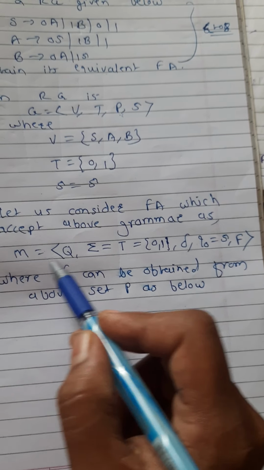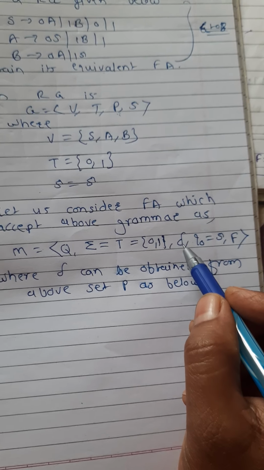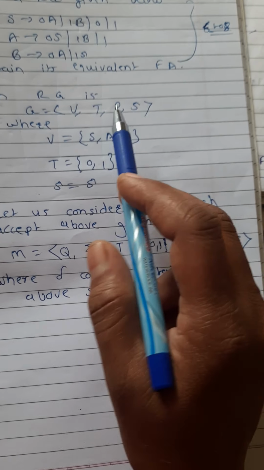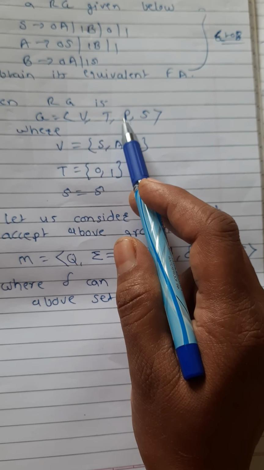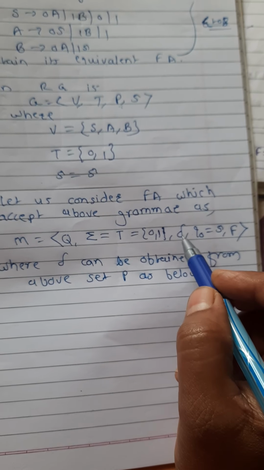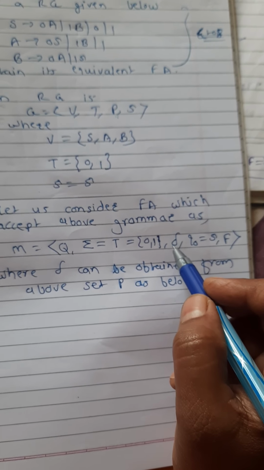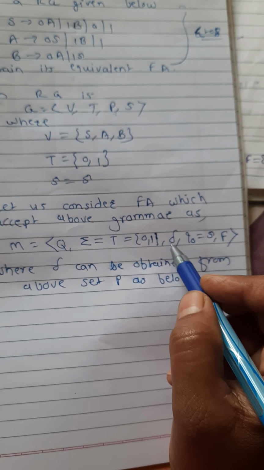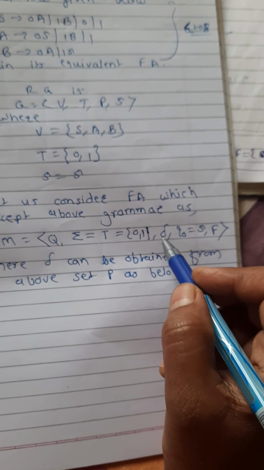Similarly, for any finite automata, delta is the main part. Okay, now in this conversion we will pick up all the production rules one by one from the set P and convert them into the delta set, that is nothing but the transition diagram or transition function or transition table.